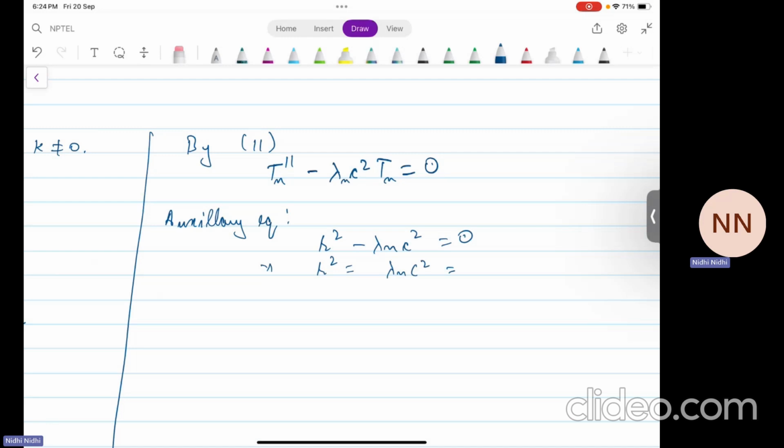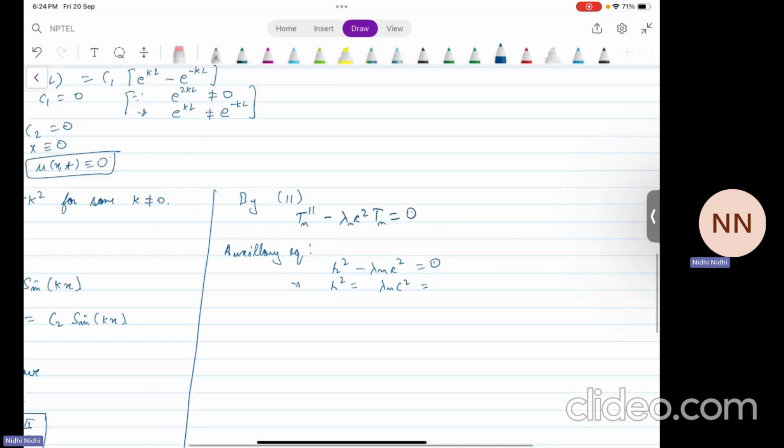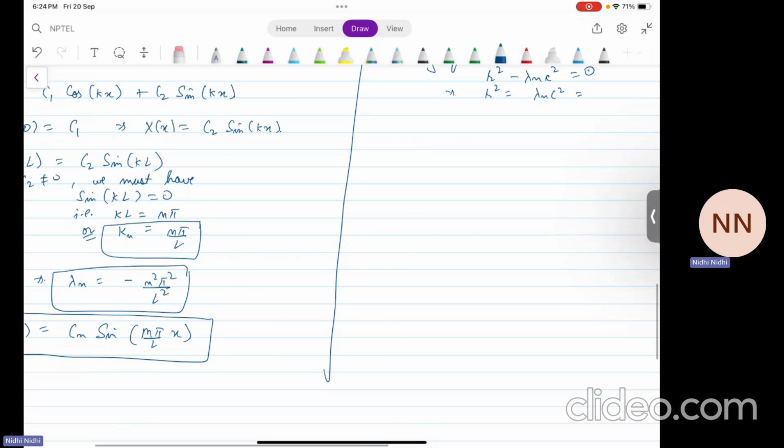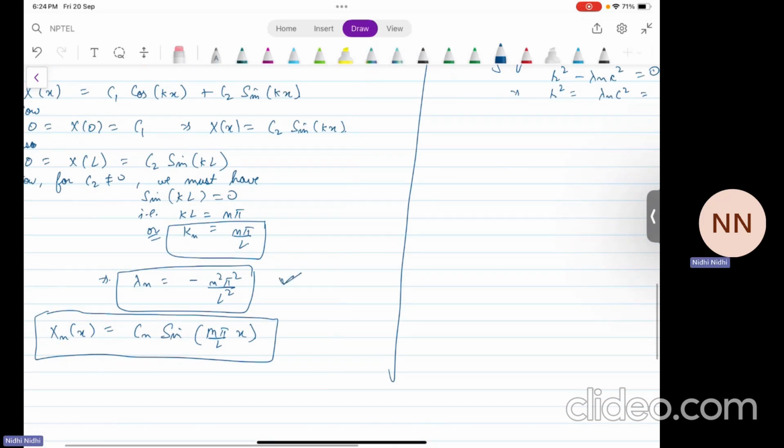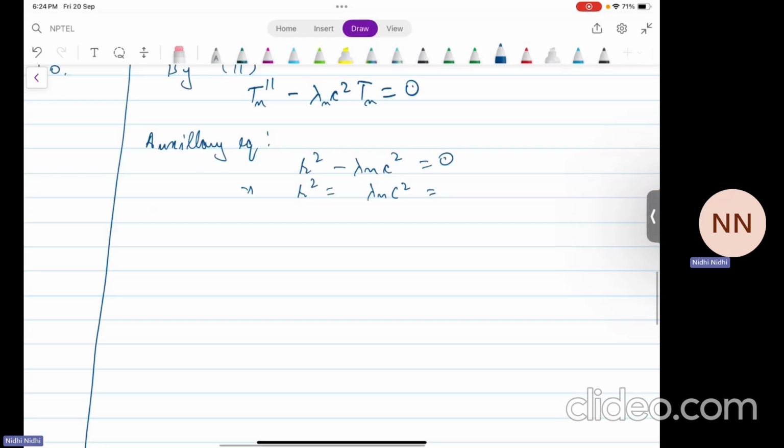And what is lambda n? We have seen that lambda n is equal to minus n pi by L whole square. So this is minus n pi c by L whole square. That means r is equal to plus minus n pi c by L iota.